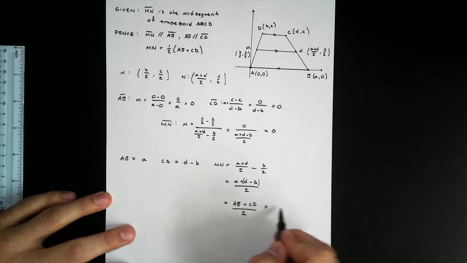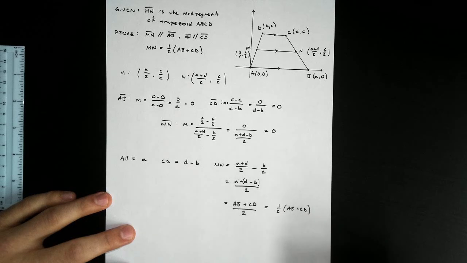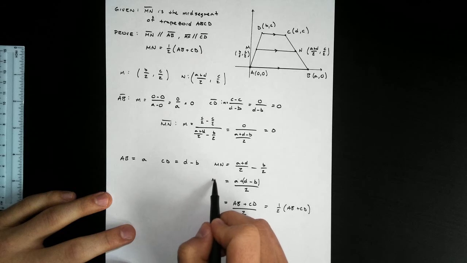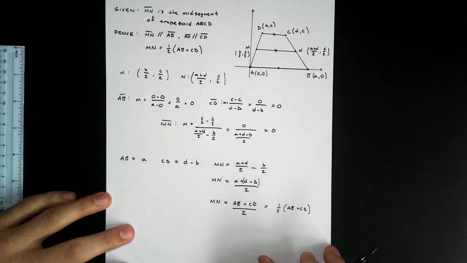And then if we want to rewrite this, this is the same as 1/2 of AB plus CD. So MN, carrying this down, we can see that that is equal to 1/2 the sum of the two.